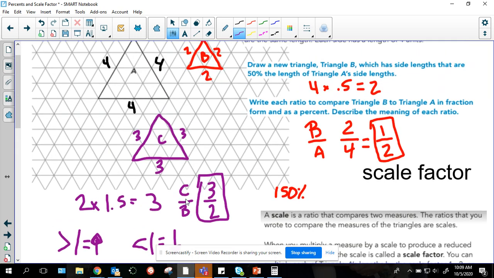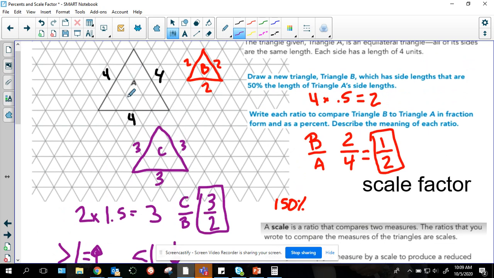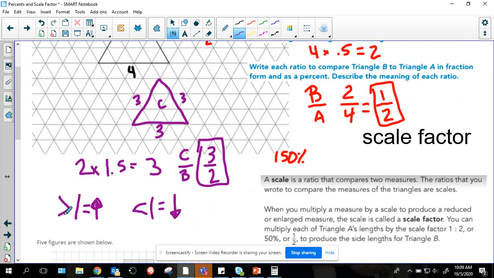So if we look at our 3 examples up here, our scale factor from A to B is 1/2, and we can see that B is a smaller copy of A. From B to C, our scale factor is 3/2 or 1.5, and triangle C is bigger than triangle B. We went up in size, okay? So greater than 1, we're going to increase the size. Less than 1, we're going to decrease the size.